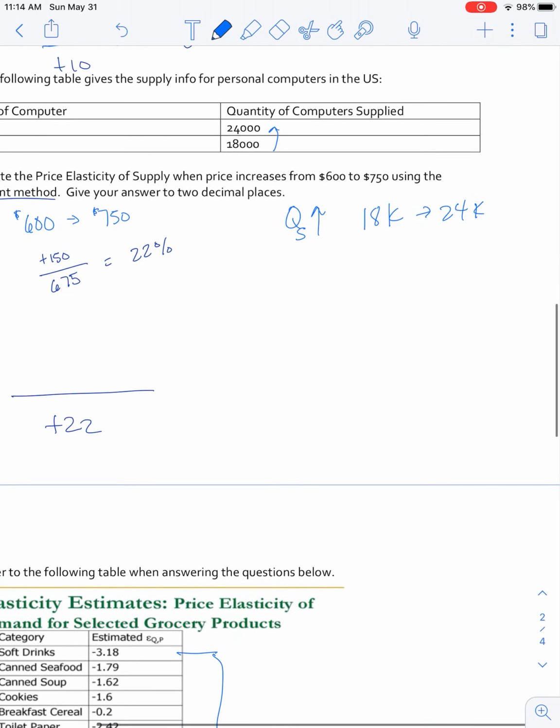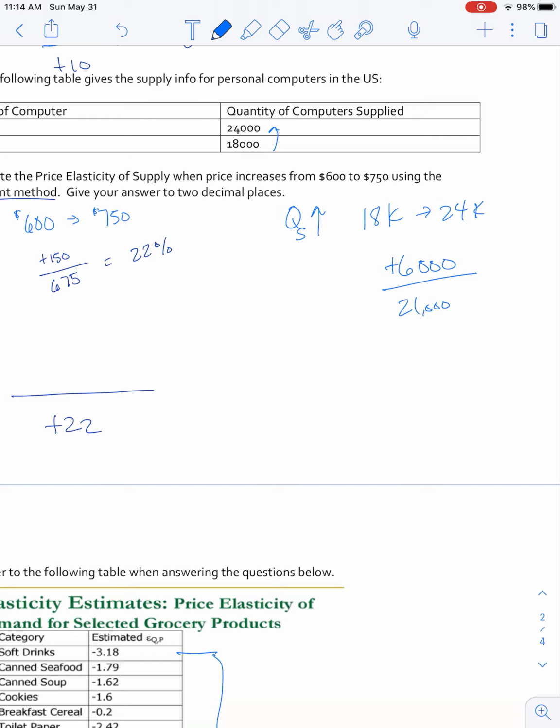So that's an increase of 6,000. Well, we can write it out just to be clear, over the midpoint of 18,000 and 24,000. The middle of that is 21,000. So basically you get 6 divided by 21, and that gives me 29%.